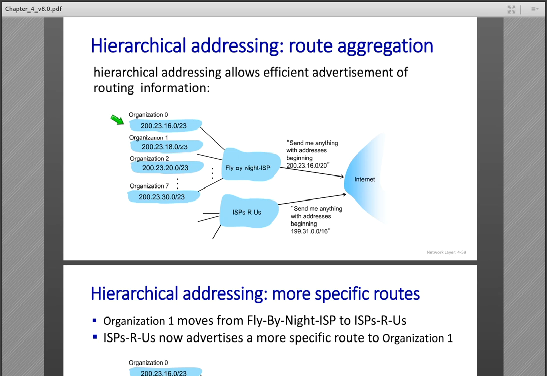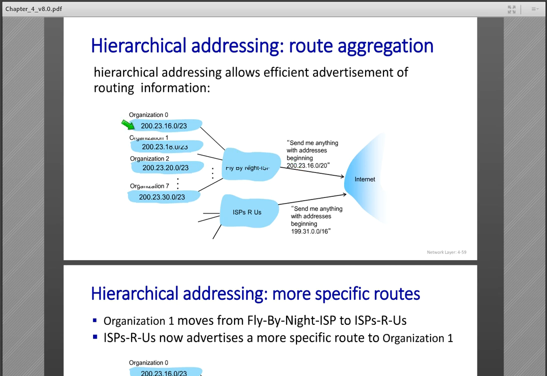But when I'm going toward the core, the routers in the core should learn about all of those networks, which is not easy. Instead of that, we are doing route aggregation. By route aggregation, I'm aggregating those separated small spaces into a bigger one.